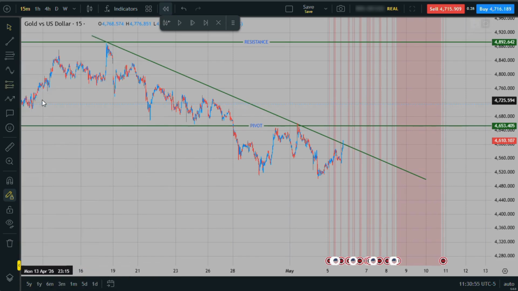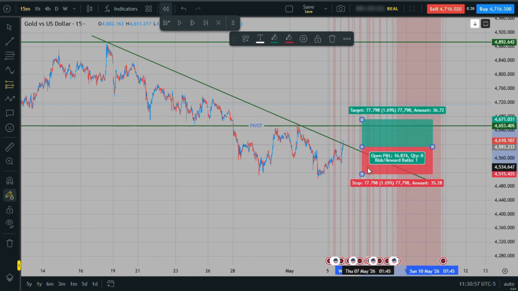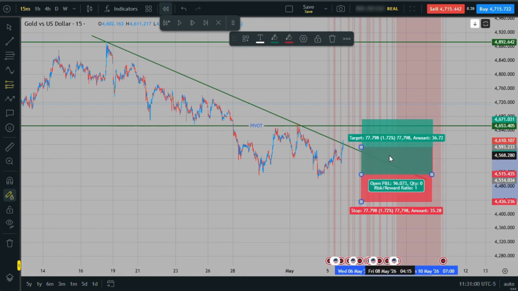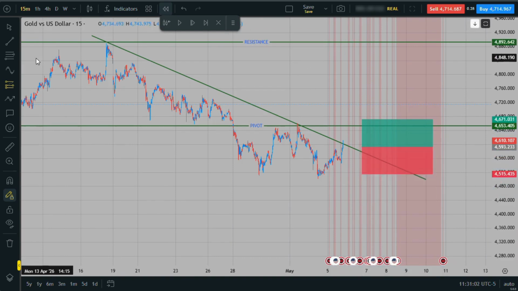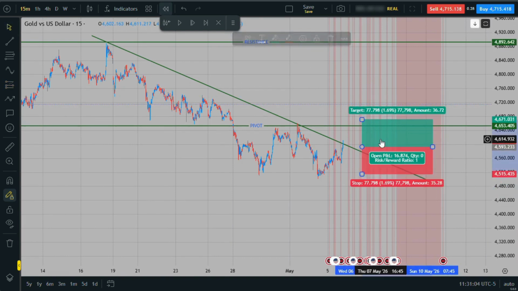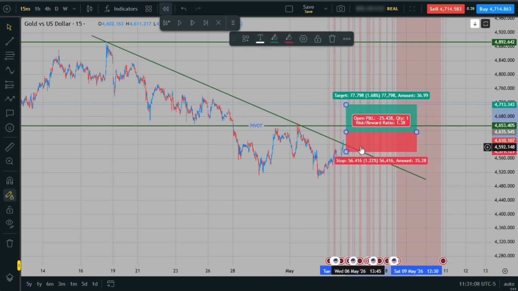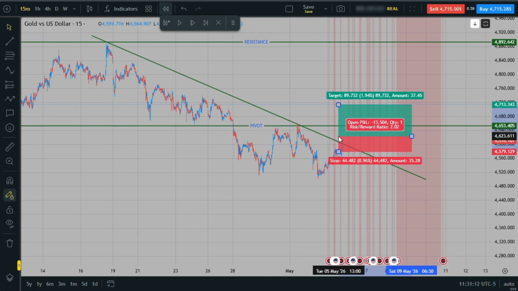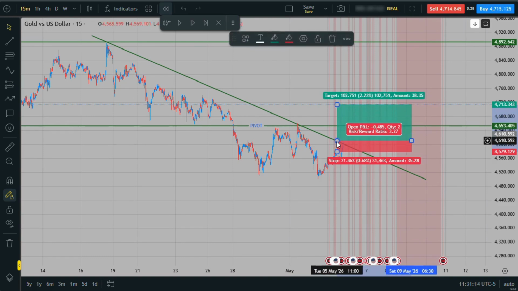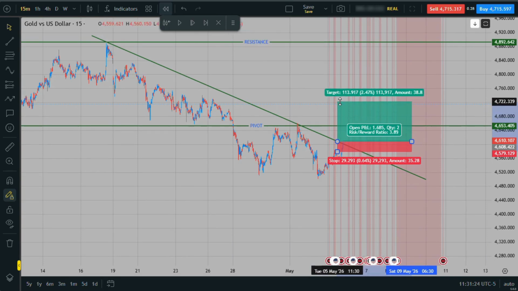I quickly placed a buy trade there, putting the stop loss a bit below it and targeting 182, somewhere around there.